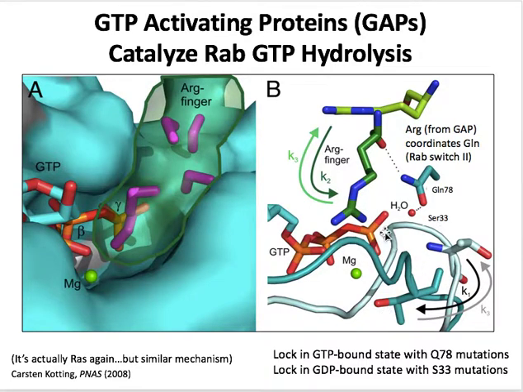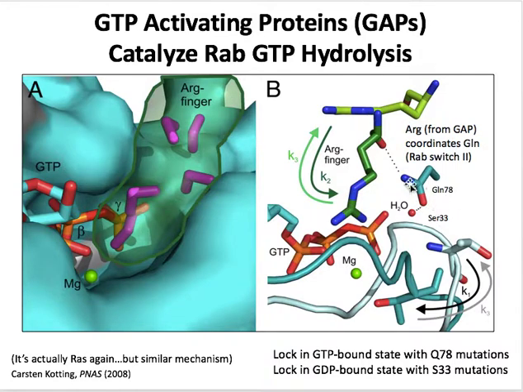Okay, so this active site of Rabs is really important because we can actually manipulate it experimentally in order to study active versus inactive versions of the Rab proteins, or any G protein. So again, there's a glutamine in Rab, which can help to coordinate the arginine finger here for the GAP.